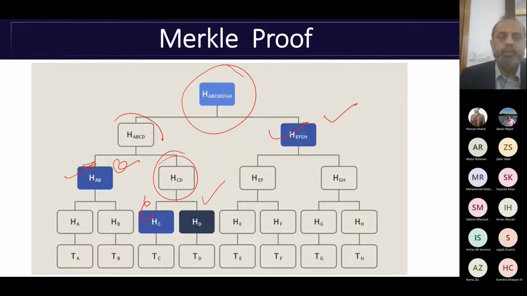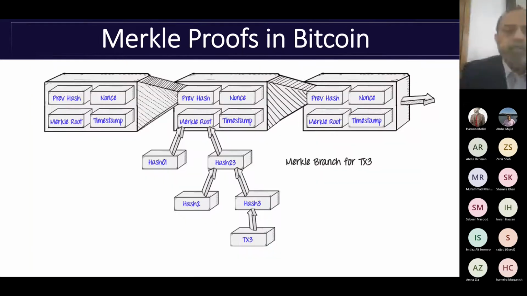So these are the Merkle proofs in Bitcoin, which we already covered, that the block contains the Merkle root. Along with other nuances, the previous hash is there, the timestamps are there. But for this part of the content, what is important is that the Merkle root is there. And so every block has a Merkle root.